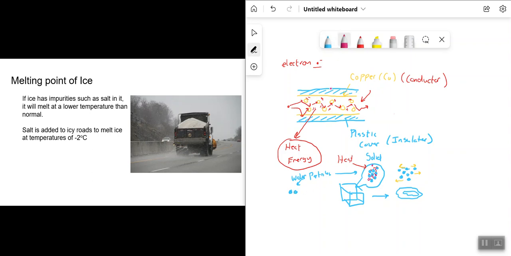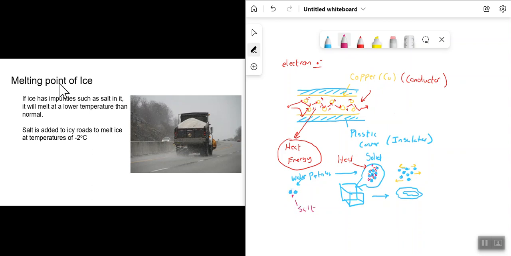One way we can do that is to introduce materials that will get in between the water molecules, like salt. That will lower the melting point, or lower the amount of heat you need to add to get the water molecules to separate from each other.